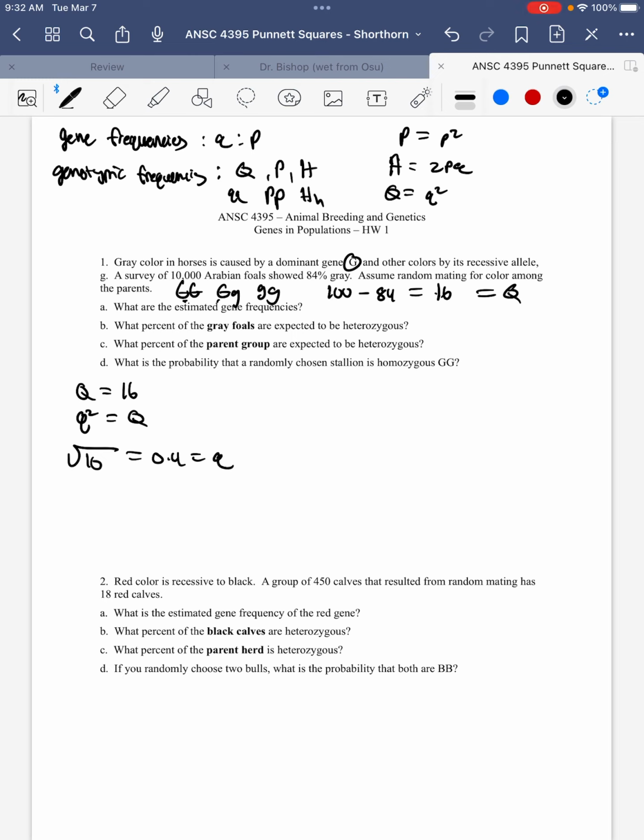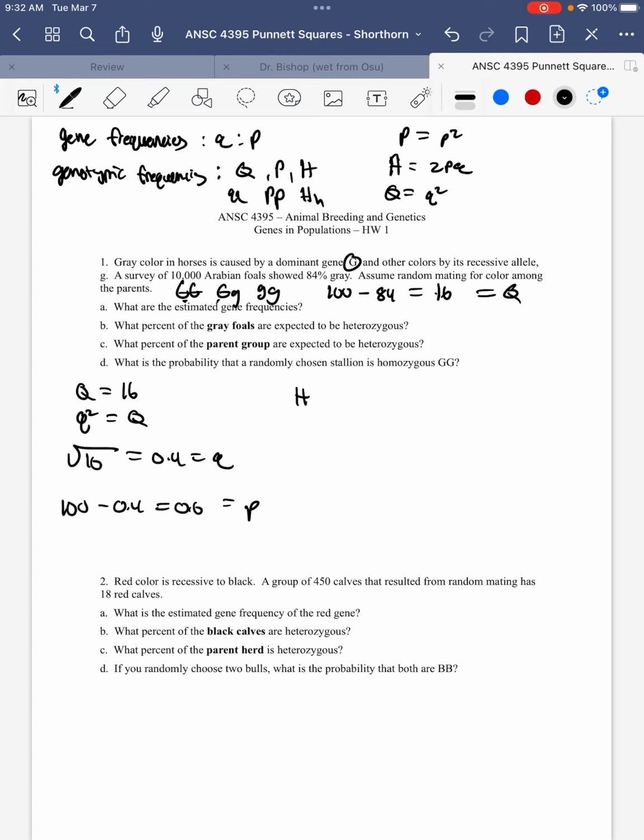And now that we have little q, we can go ahead and solve for little p. So 1 minus 0.4 is equal to 0.6, which is equal to little p. Now that we have that, we can solve for our other two genotypic frequencies as well.